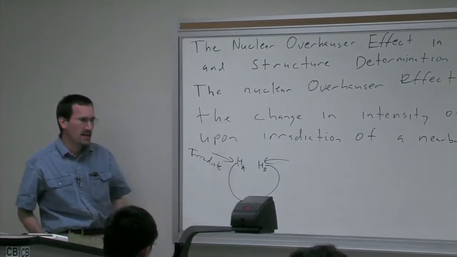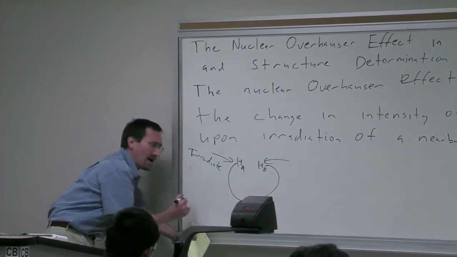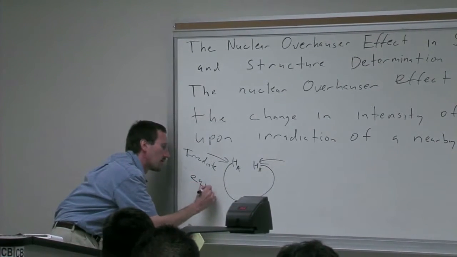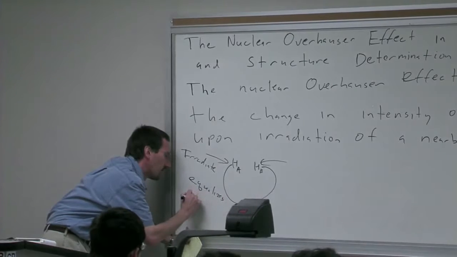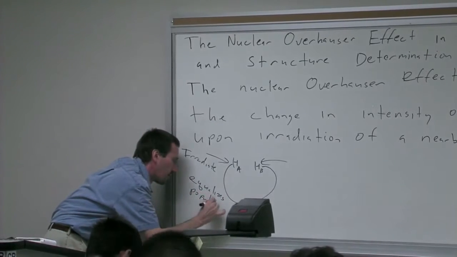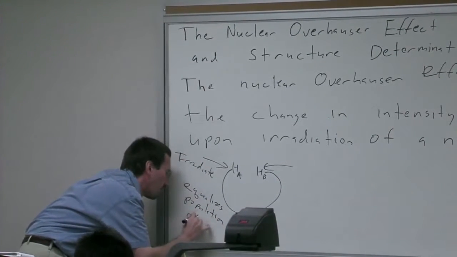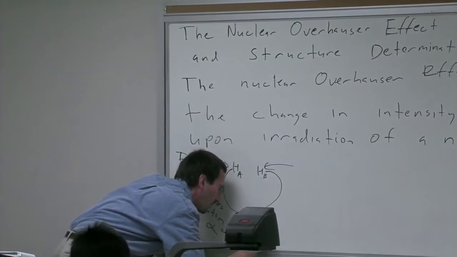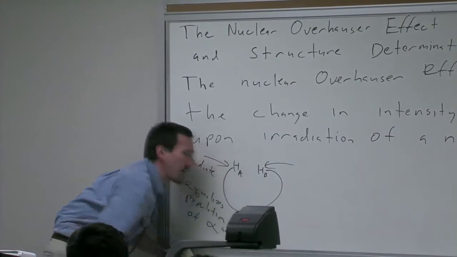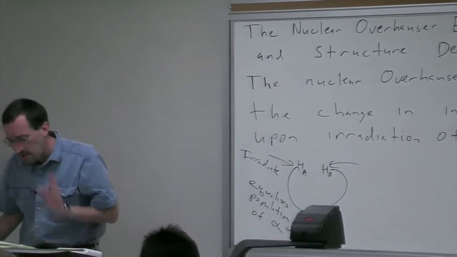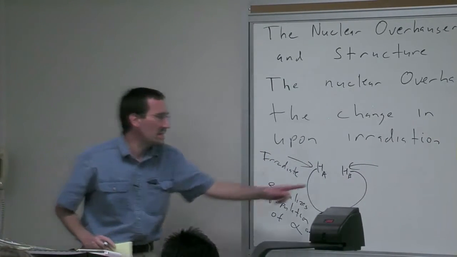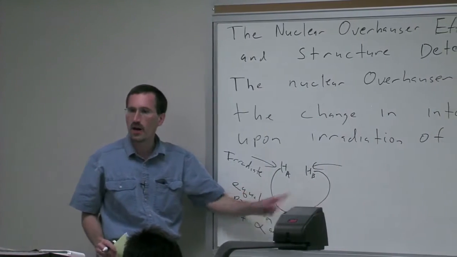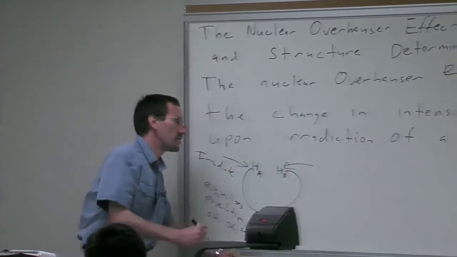Now when you're irradiating, what you're doing is equalizing the population of alpha and beta states. And when you do that, that in turn alters the equilibrium population of alpha and beta states of other nuclei that are nearby.